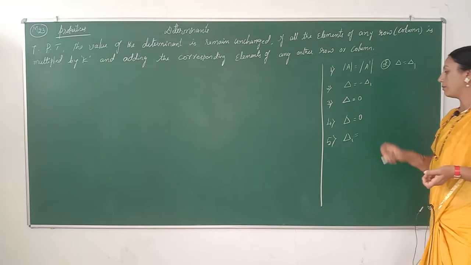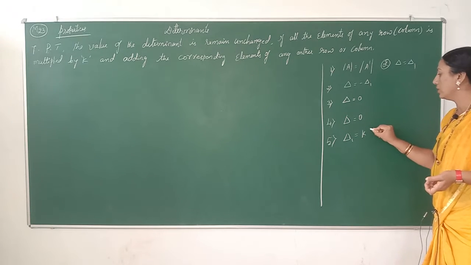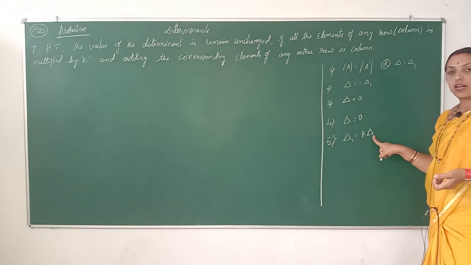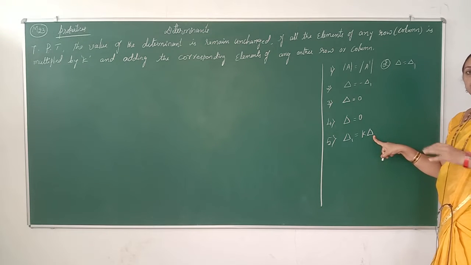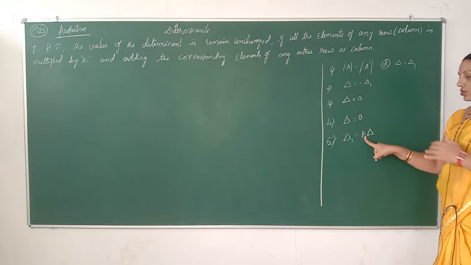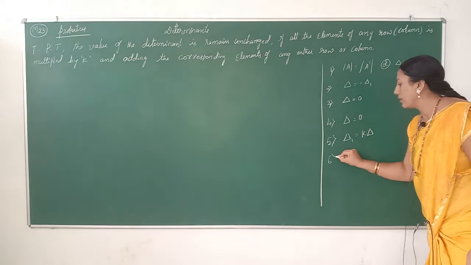That is, delta 1 is equal to k times delta. If all the elements of any row or column of delta are multiplied by k, the result is called delta 1.